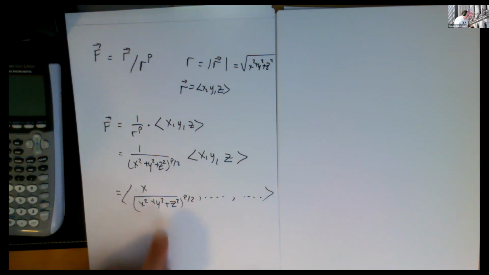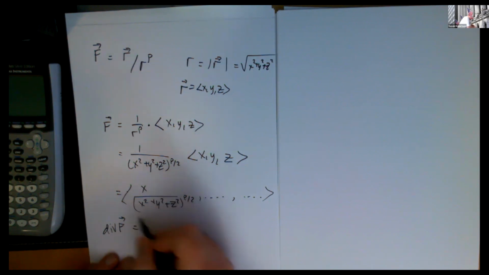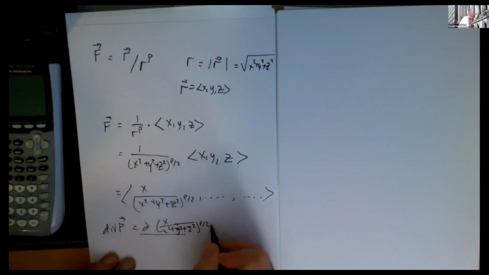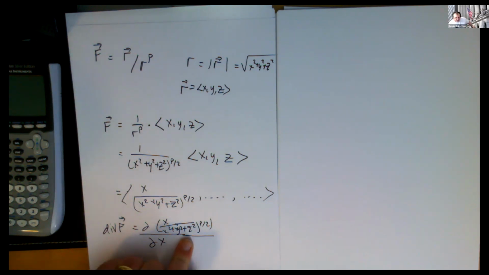So if you're going to get the div of f, aren't you going to do the partial derivative of this guy with respect to x? Now that's a very yucky, horrible partial derivative, but if you do a quotient rule and fight your way through it, you should be able to make that relatively nice.